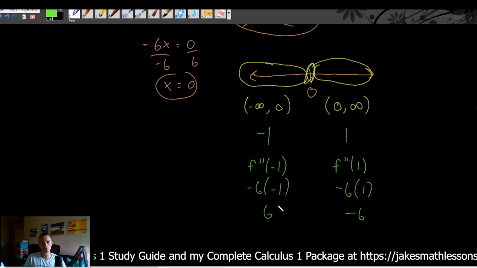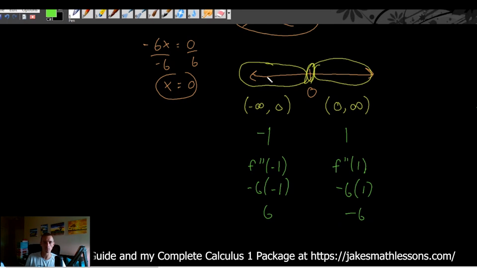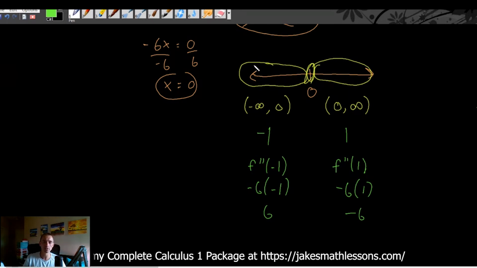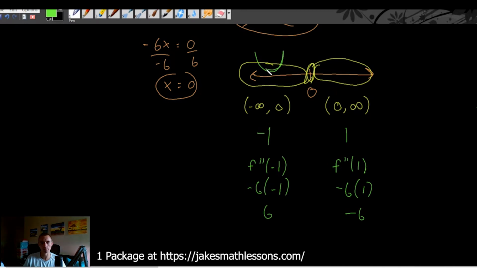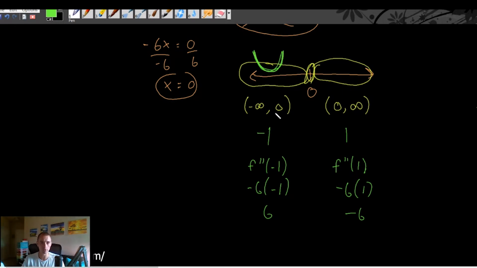Since our second derivative is positive within this interval, that tells us that our original function is concave up. It's like a smiley face, right? It's curving upward. Because similar to how the first derivative of a function tells you about the slope of the original function, the second derivative of a function tells you about the concavity or the curvature of the original function.